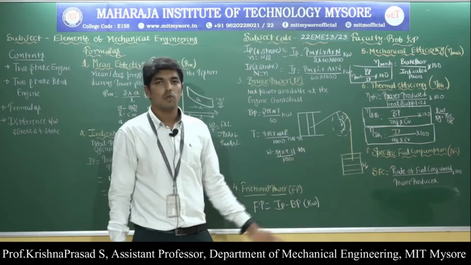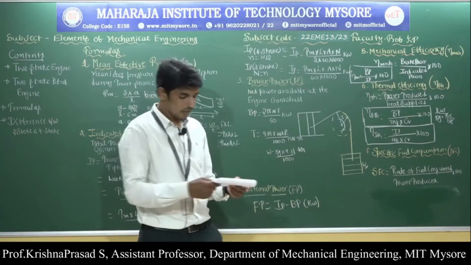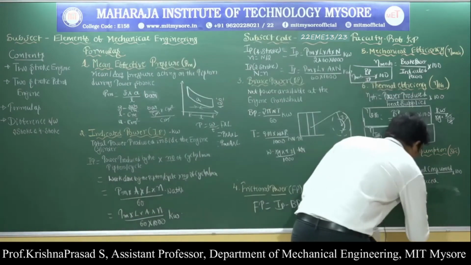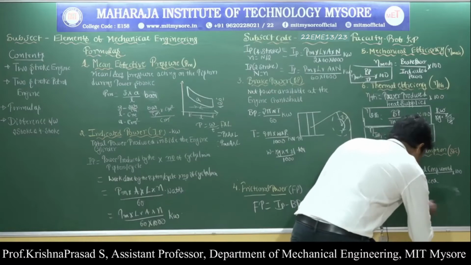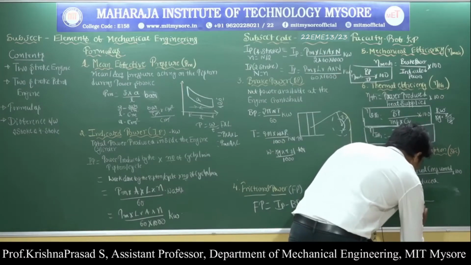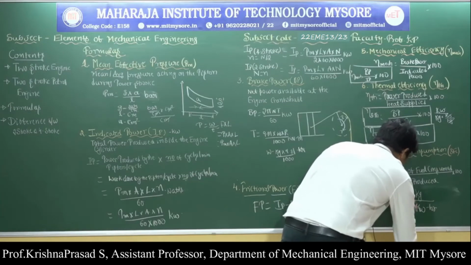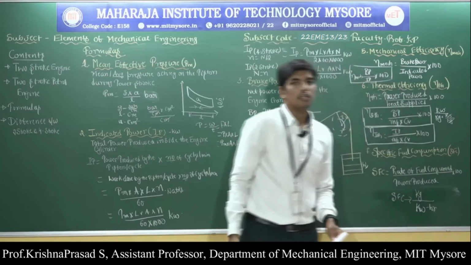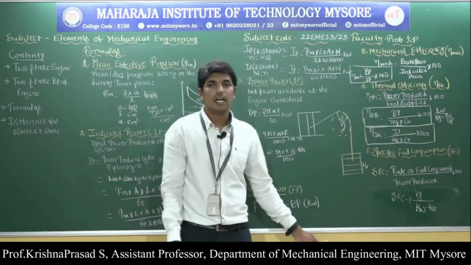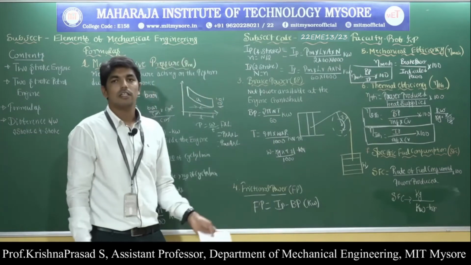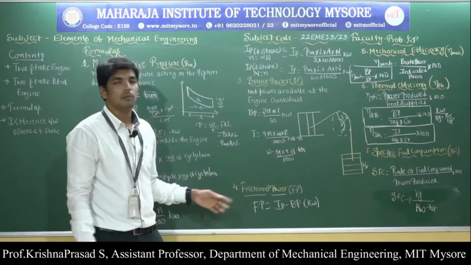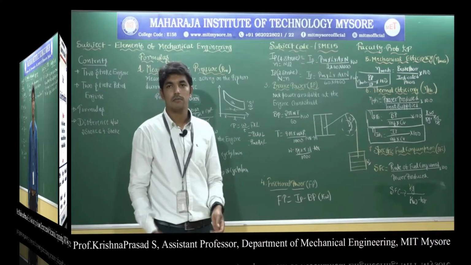This is usually represented in kg per kilowatt hour, so this is the unit for specific fuel consumption. So this is regarding the internal combustion engine. Then we are moving on to the numericals.